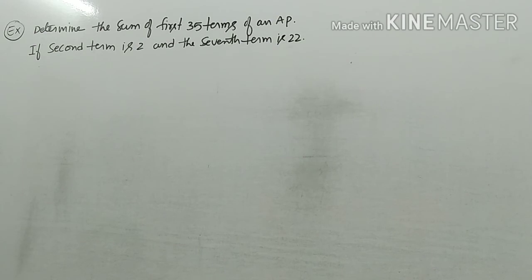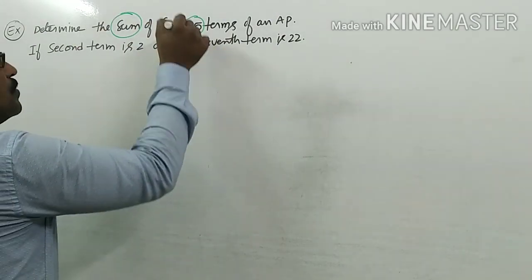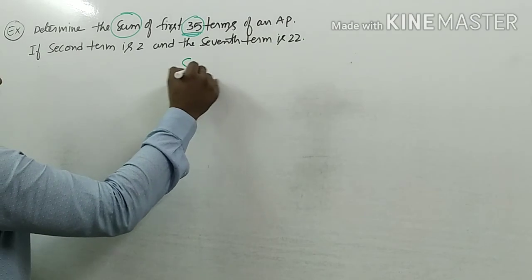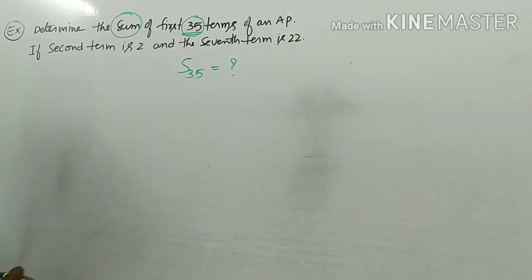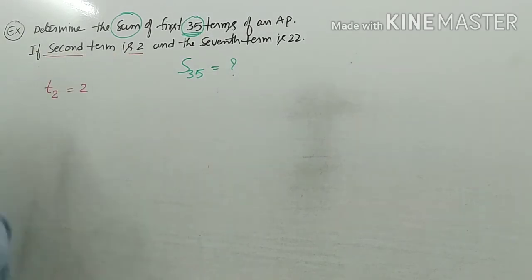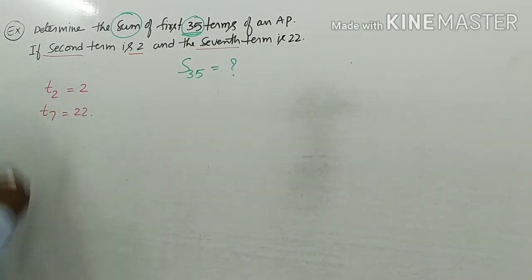Now, one more example. Determine the sum of first 35 terms. So, S35 is equal to how much, of an AP, if the second term is 2 and the seventh term is 22.